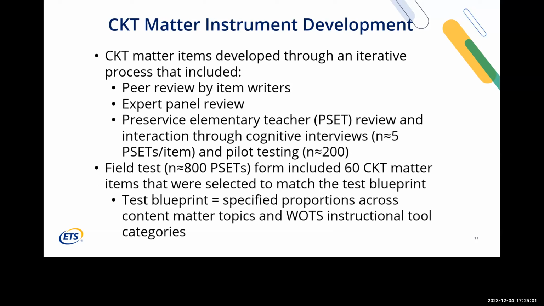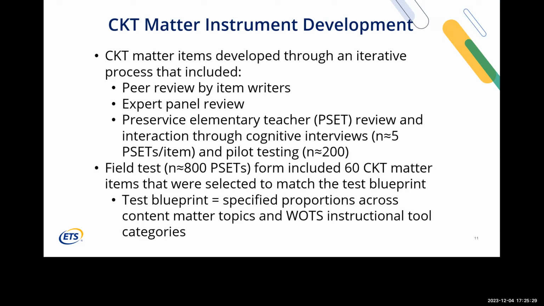For example, our team of 18 item writers conducted multiple reviews of these items. We also had expert science teacher educators and researchers conduct a content review of the items. And we even had pre-service elementary teachers engage in cognitive interviews using a subset of the items, where they would think aloud with us as they responded to and selected their answer choices for each item.